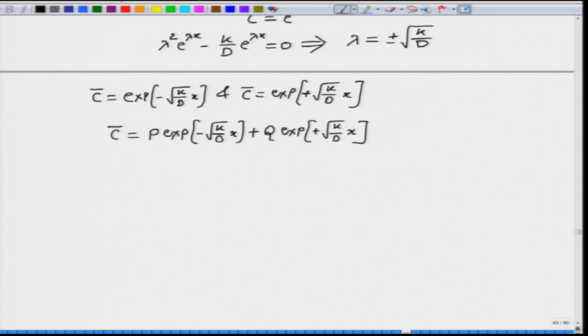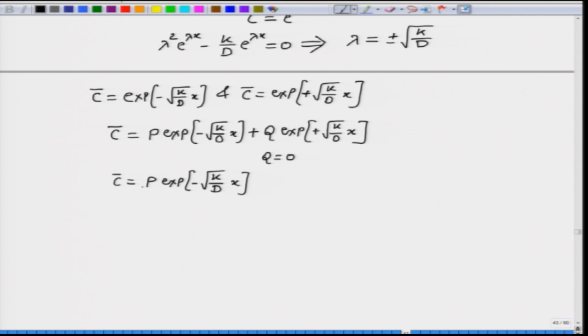But we want even at x equal to infinity, we should have a well behaved solution for concentration, right. So, if we need to get any physically meaningful solution, the q has to be 0, right. So, q is 0 here. So, we are left with only the first term p exponential minus root k by d x.